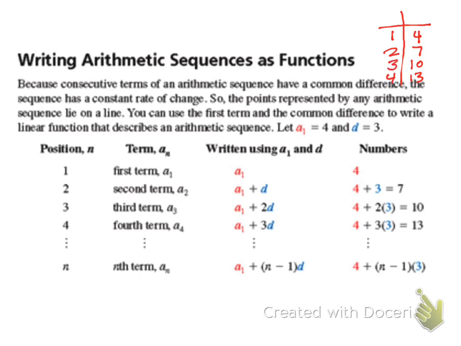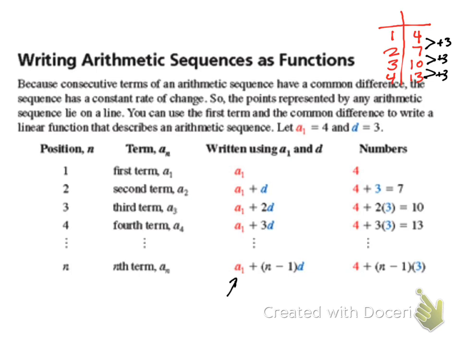We know that our common difference is what? Plus 3. Plus 3. Plus 3. So the first term we call a sub 1, right? So in the formula right here, that's the first term.